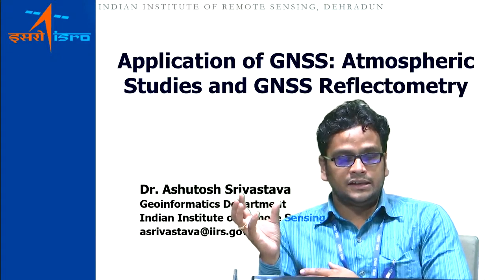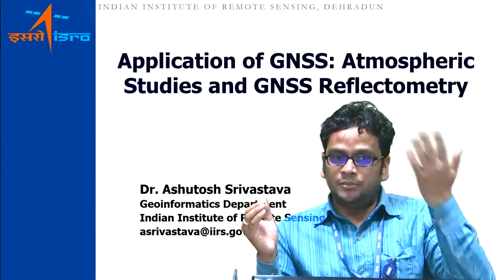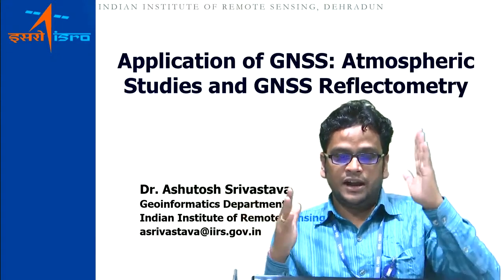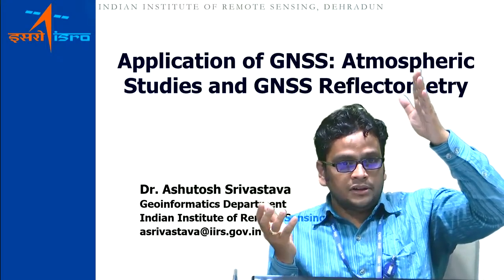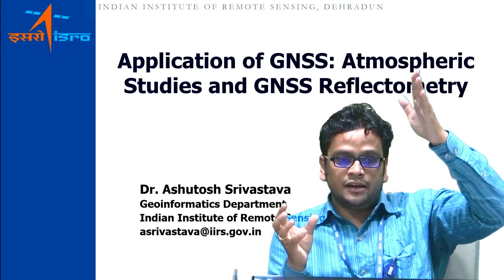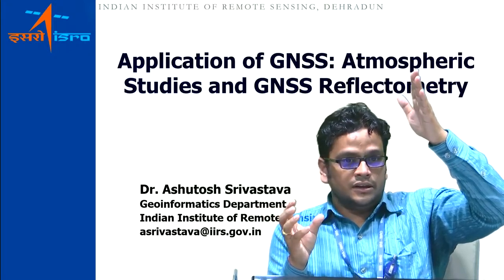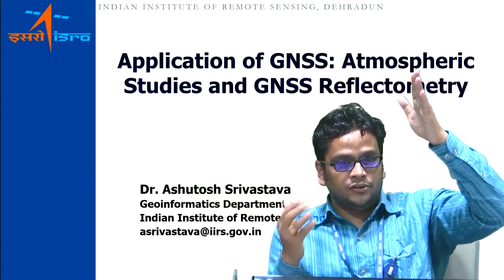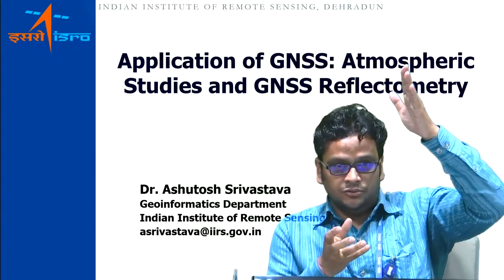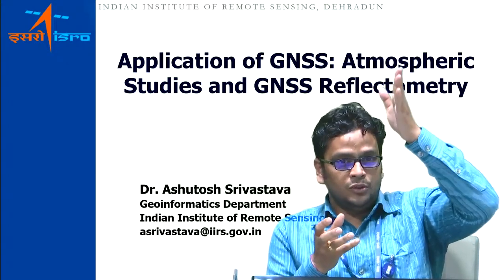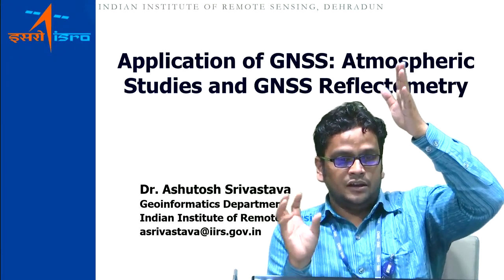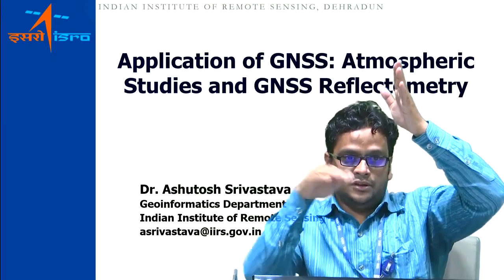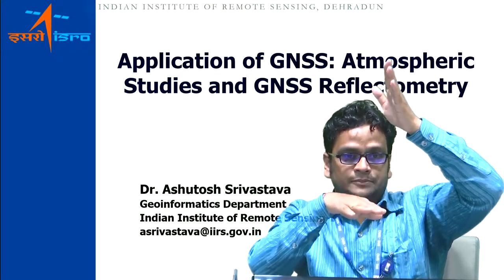When placing it on a satellite, the altitude of the GPS satellite is 20,000 kilometers, and normal low earth orbit satellites are orbiting at around 600 to 800 kilometers altitude. So the GPS satellites will always be on top at 20,000 kilometers, and the low earth orbit satellite will always be on the lower side.